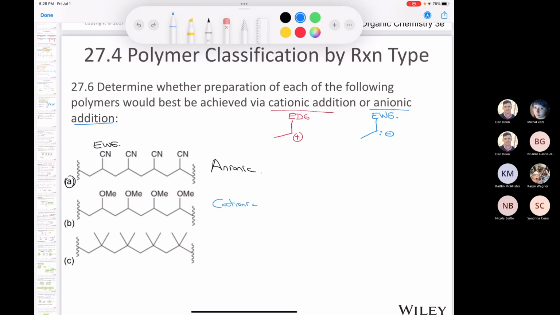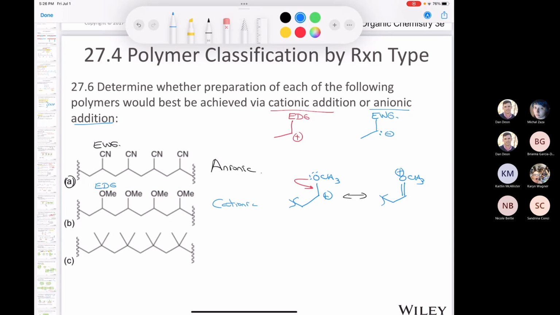However, the methyl ether is considered to be electron donating, isn't it? Why? Because one of the lone pairs on here can go in here and stabilize that positive charge. So now you've got something with enhanced stability like that. So yeah, let me put a little tail on that. There we go. So cationic, because this is an electron donating group, so we'll put EDG.